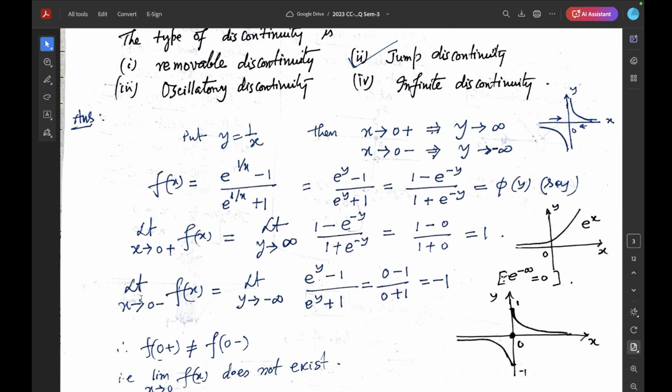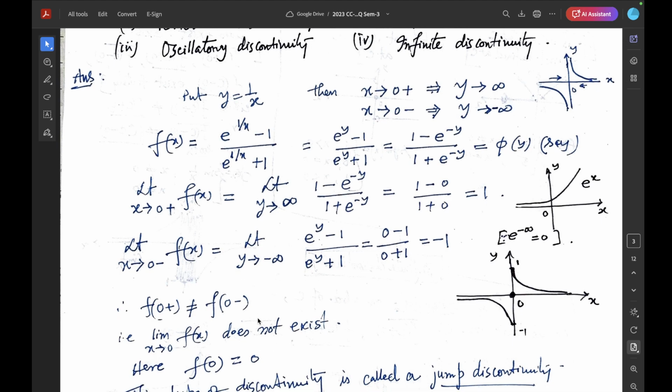And the left hand limit as x tends to 0 minus of f(x) equals the limit as y tends to minus infinity of (e^y minus 1) by (e^y plus 1). e to the power minus infinity is 0, so this is (0 minus 1) by (0 plus 1), which equals minus 1.